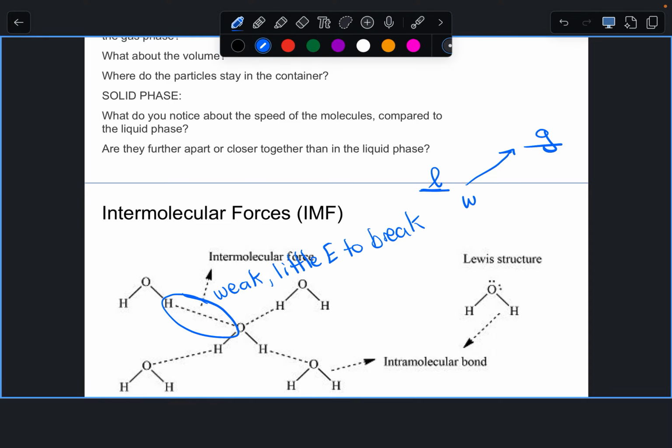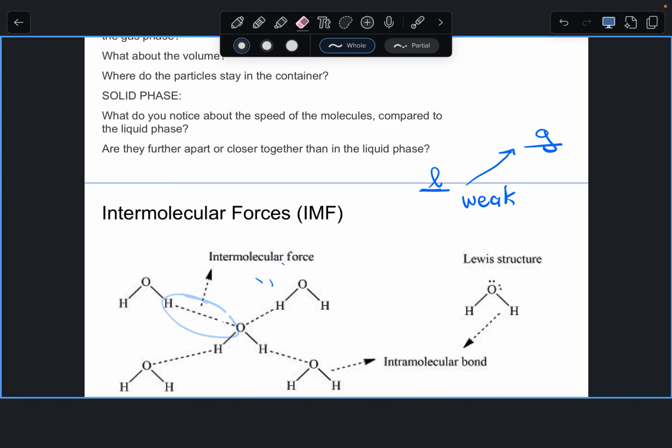So let's let this be the weak one. And if we had one that was strong, it might look like this. It might take significantly more energy to break that interaction.